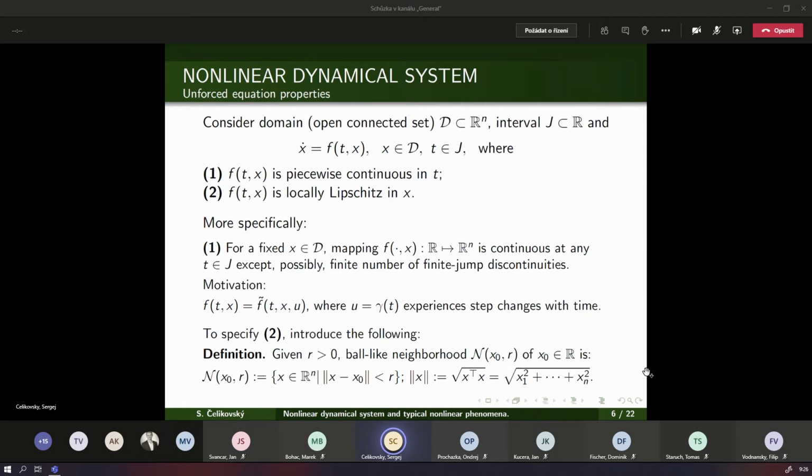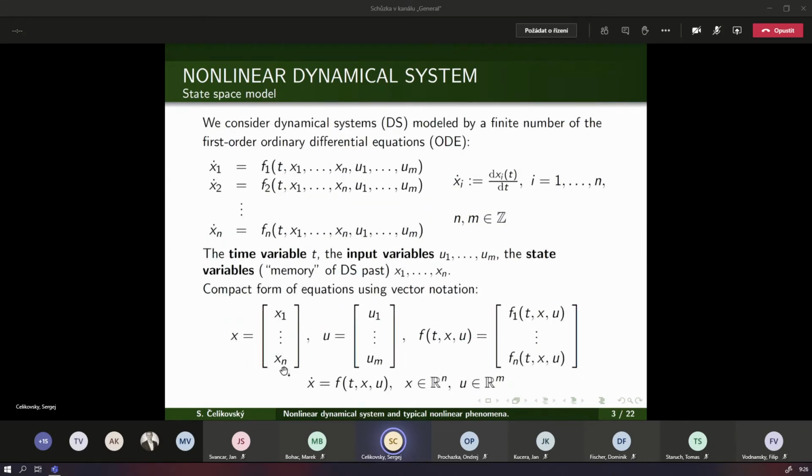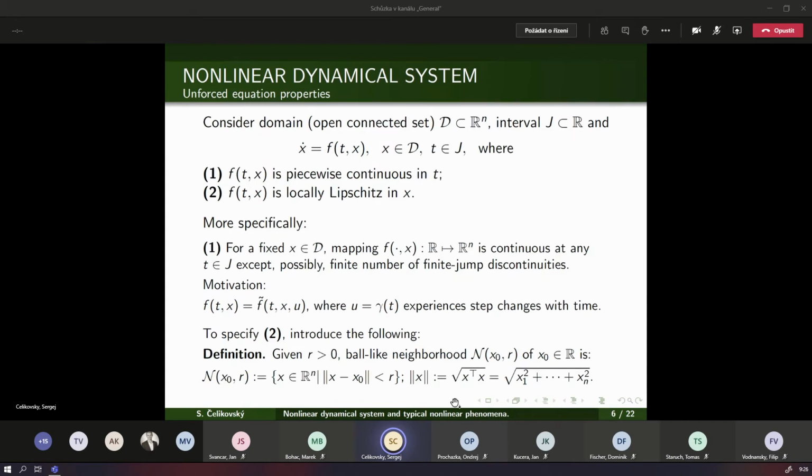So either square root from the transposed row vector x times column vector x. We consider all these vectors automatically to be column vectors, and if we want to consider a row vector, then we put here the sign of transposition.